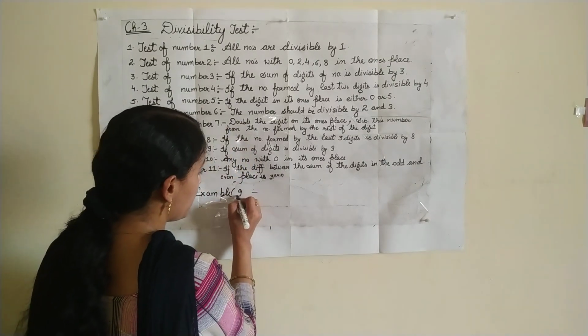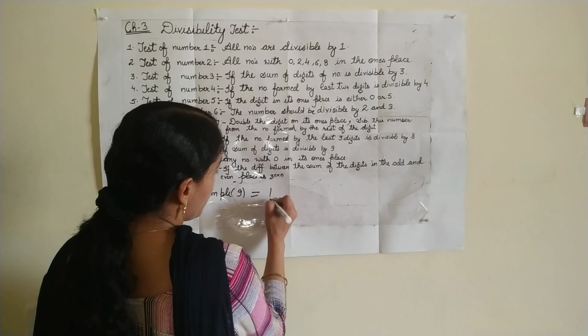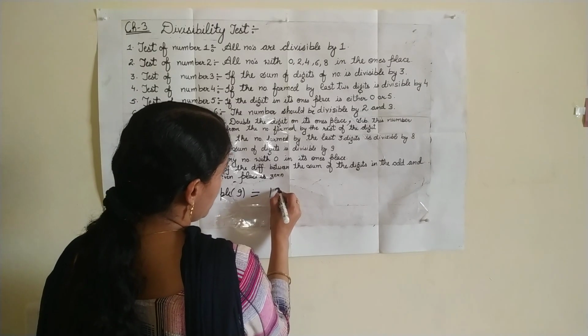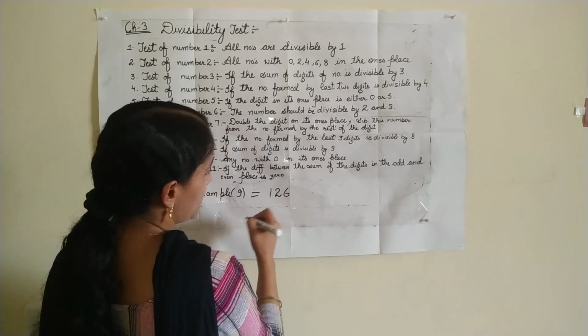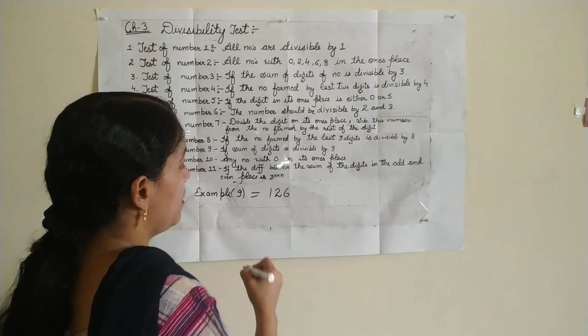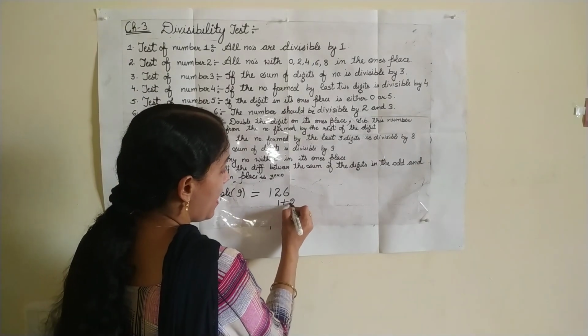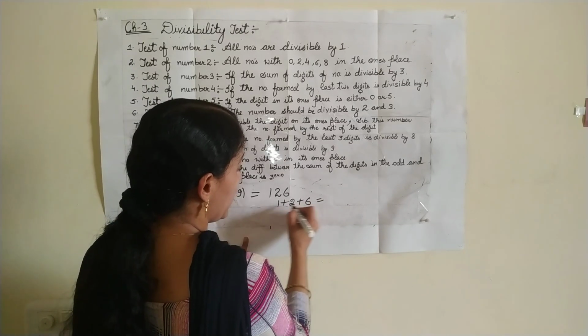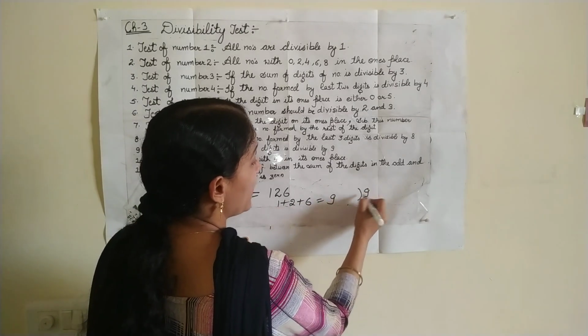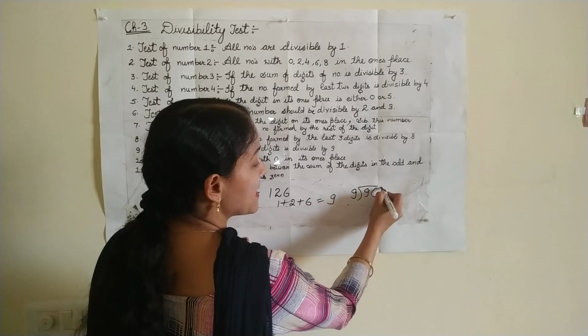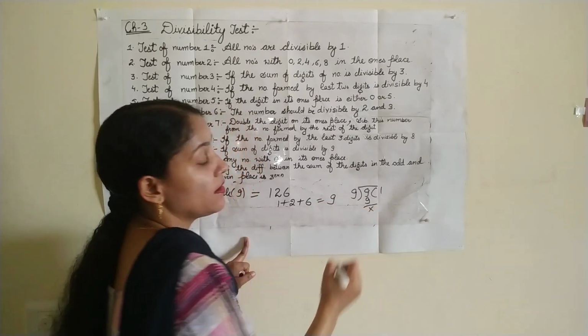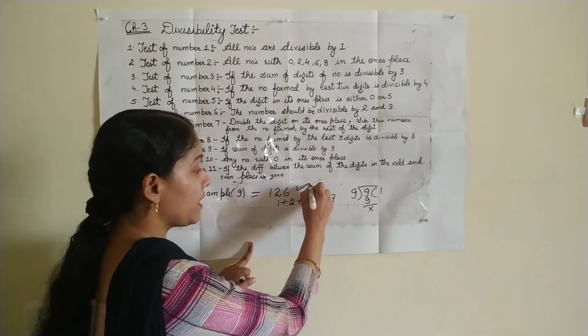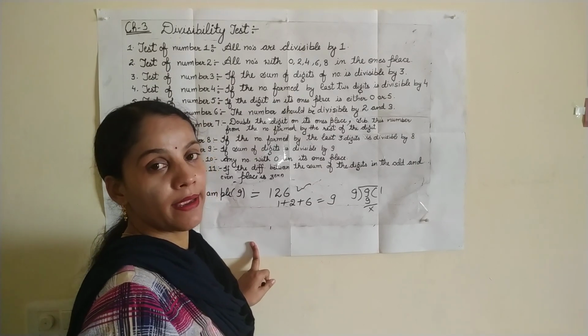For example, I am taking the example 126. Add all digits of this number. We are getting 6 plus 2, 8, and 8 and 1, 9. Now divide this 9 by 9. Is it exactly divided? Yes. That means this number 126 is divisible by 9.